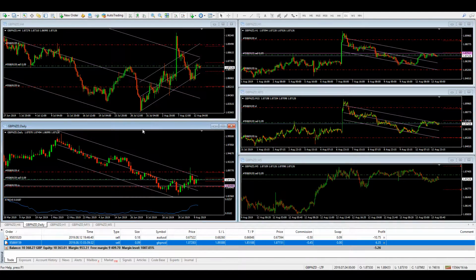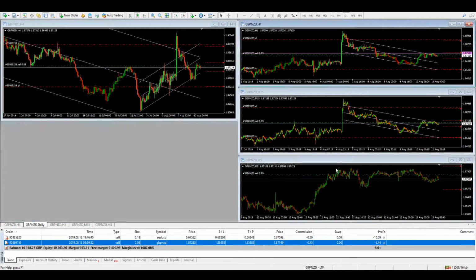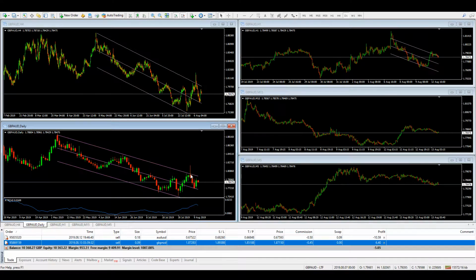Just looking at the daily, and then this overextended pullback retrace that we saw that went above and beyond the standard deviation. If we go back to GBP/AUD, it's a similar thing. So these pairs are correlated, which makes sense.